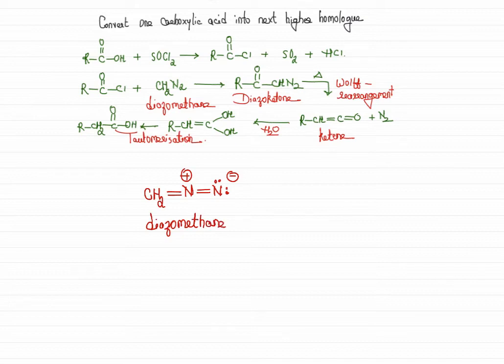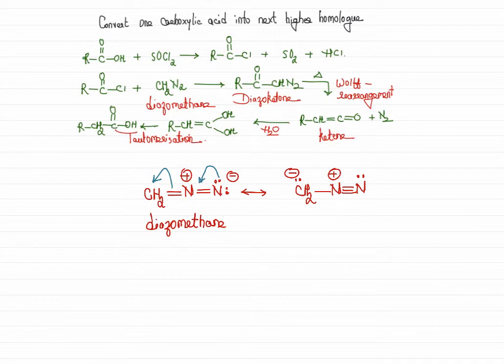And this diazomethane undergoes resonance to generate a carbanion. So we have something like this. Right? This is one of the resonating forms.